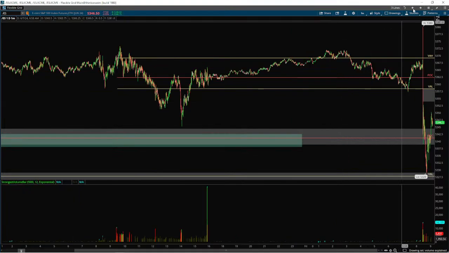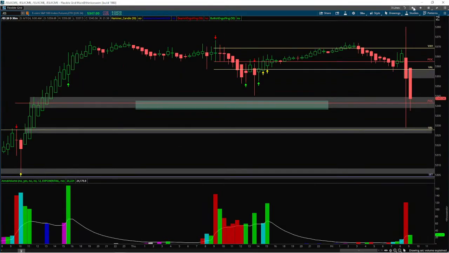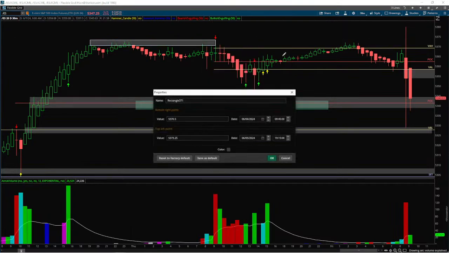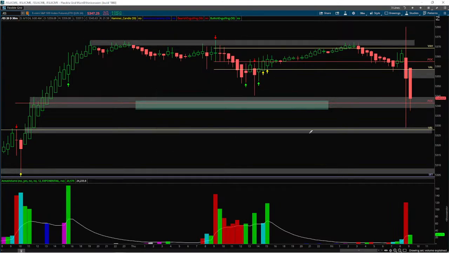I'm going to zoom out a bit and use prior areas for my highs. I'm going to use this. Actually, I'm going to go here. All right, that's good. Yes, we check that.